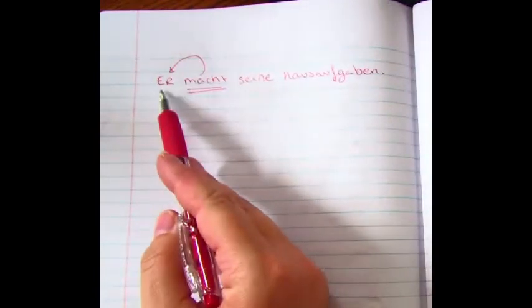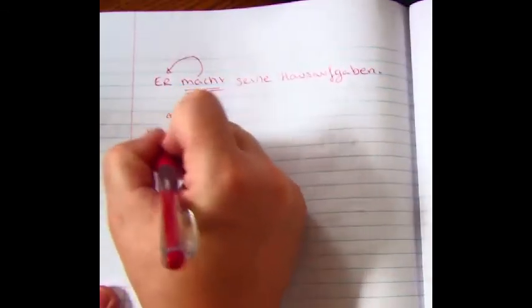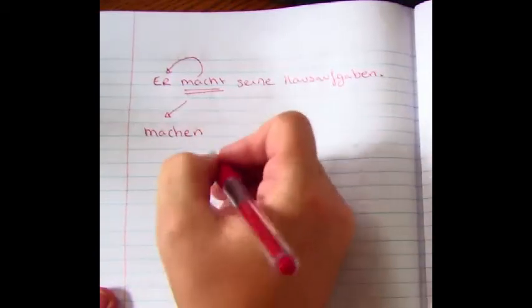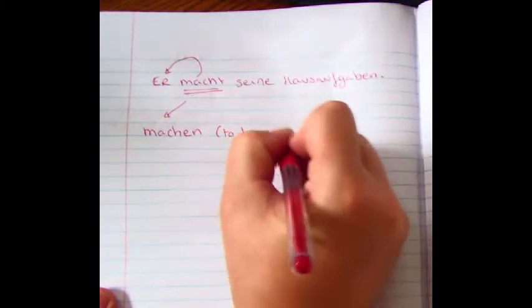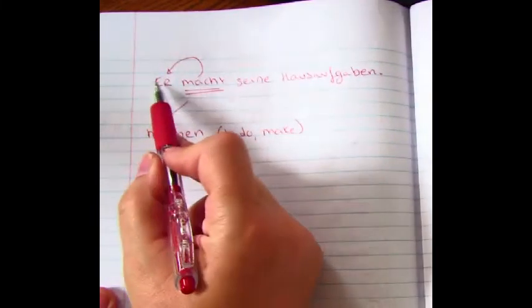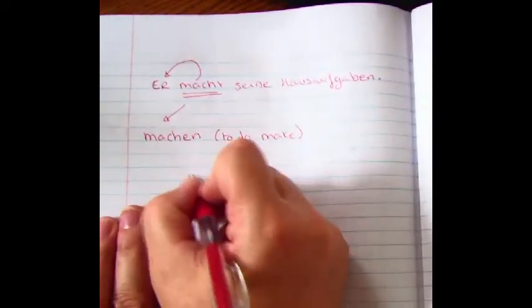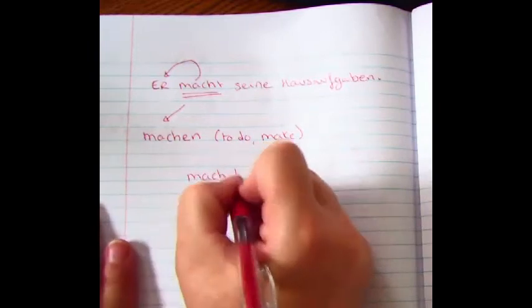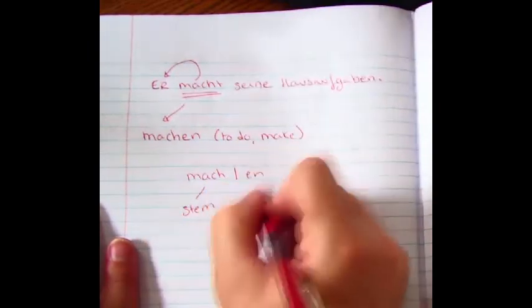So the verb is in second place. We conjugated for er. Now the infinitive, or the unchanged form of that verb in German is machen. In order to make it match the subject, or in order to conjugate that, what we did is we took the stem, that's this part, and we dropped the ending.